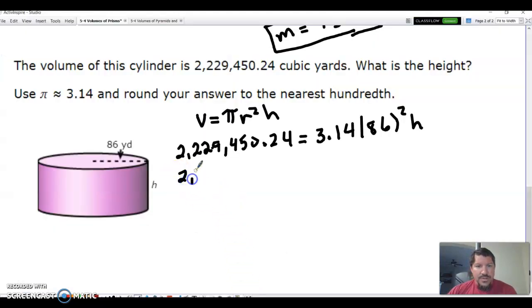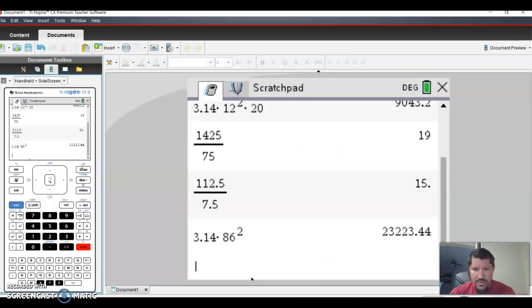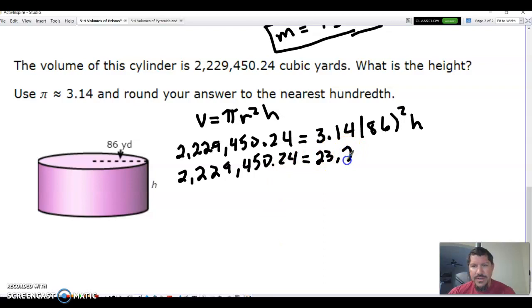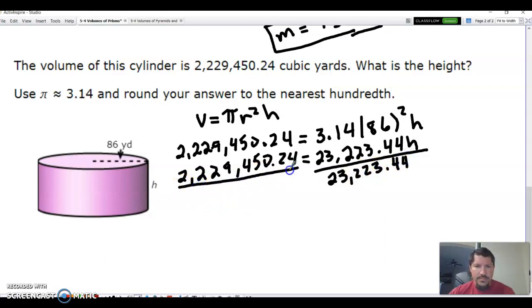Alright, so 2,229,450.24 equals 23,223.44 h. So we're now going to divide by 23,223.44 on both sides.